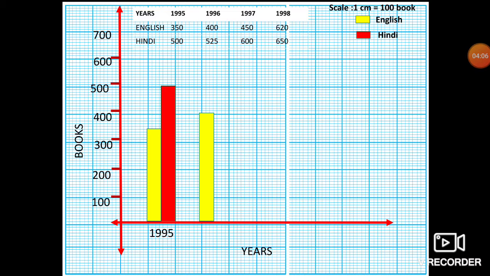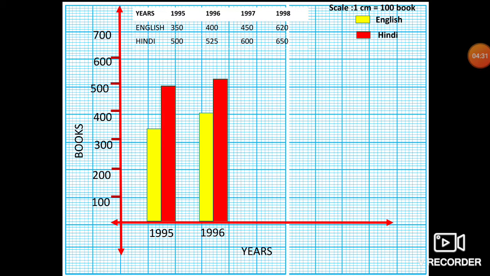1996, 400 you can see, and 525. 525 is after 500; the second line is 520, the third line is 530. So between 520 and 530, you can see 525. You approximately mark 525.